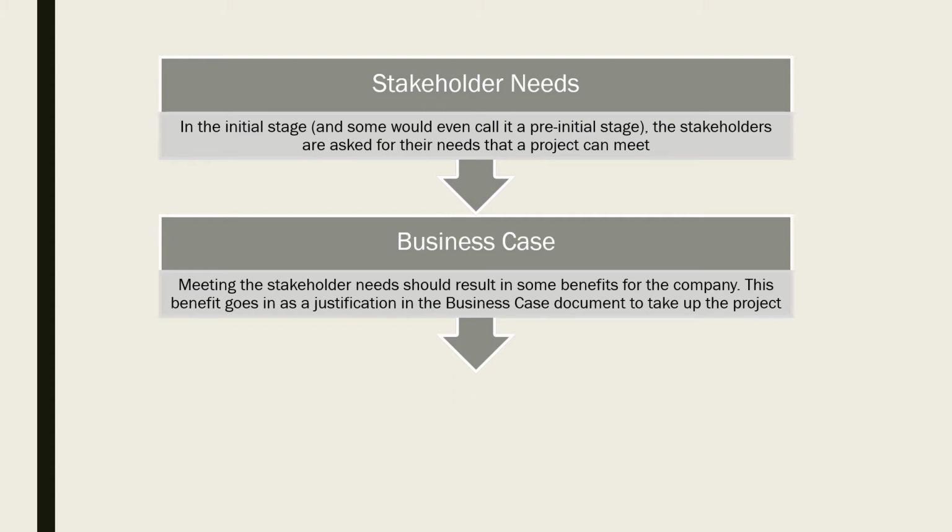So when the requirement of the stakeholders was for Twitter to come up with a certain application that can allow users to send out short bursts of information, short bursts of text, 140 characters itself, Twitter built a business case around it, and the business case would have definitely had certain monetary benefits for the organization to build an application like Twitter, and would have some other justification as well on why the company should take up a project like this and create it, right?